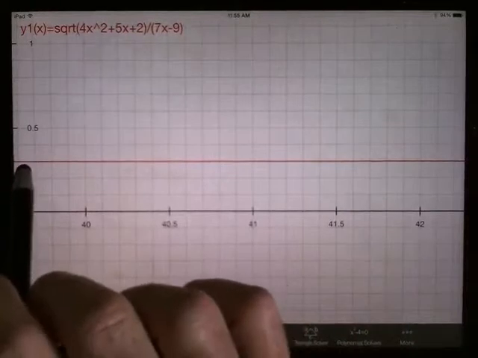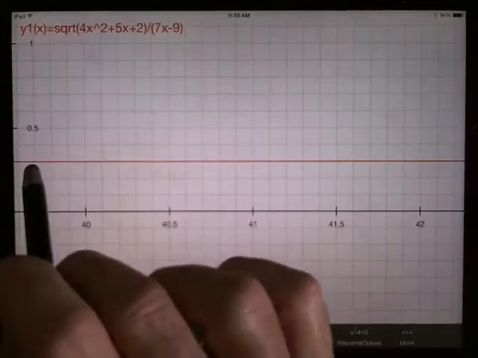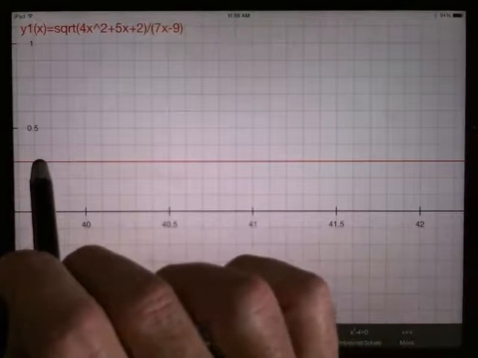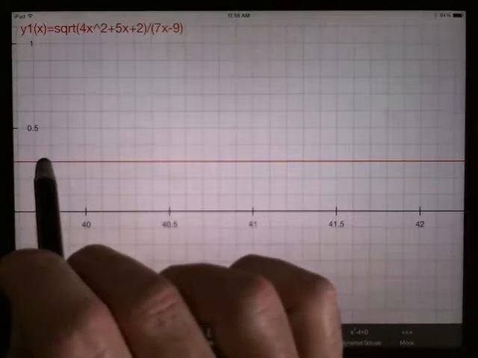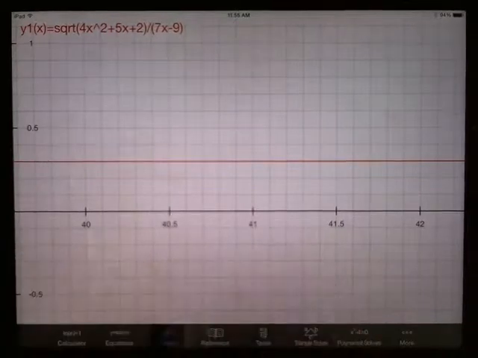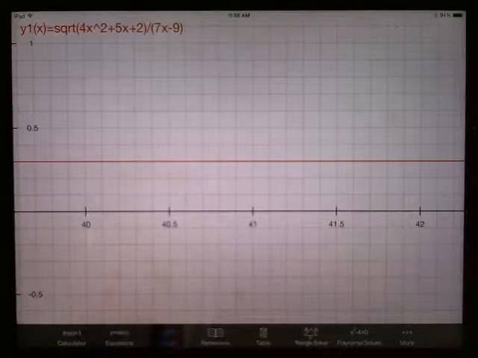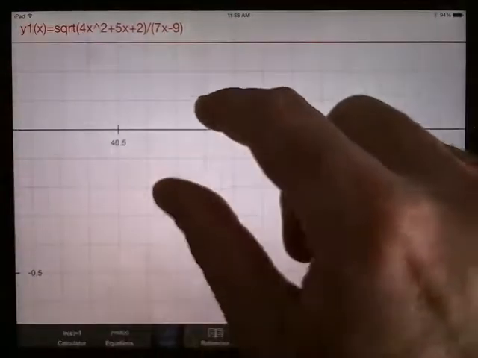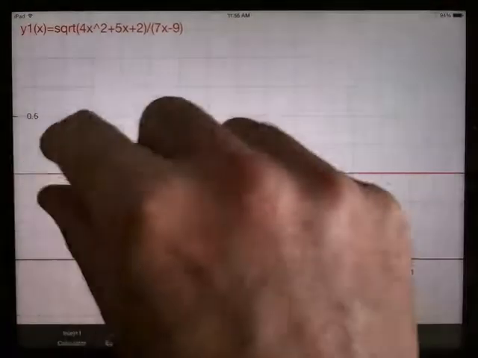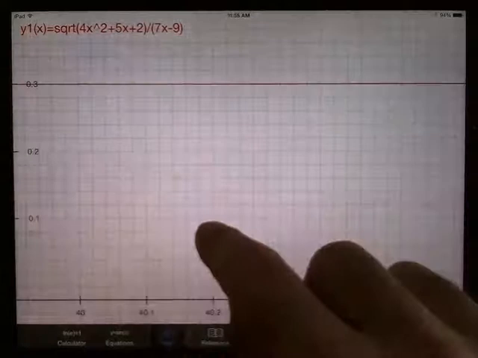So yeah, we're at about 0.3. Do I have the right function in there? I should have 2/7, is what we said. What is 2/7? About 0.28 something.